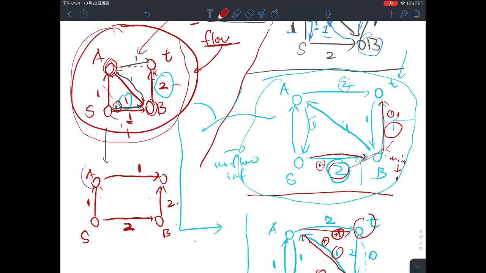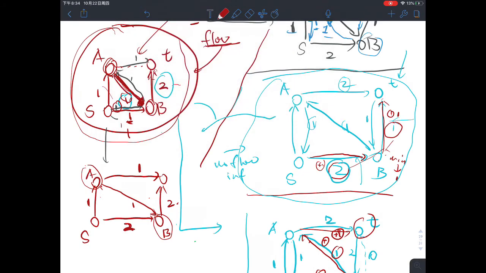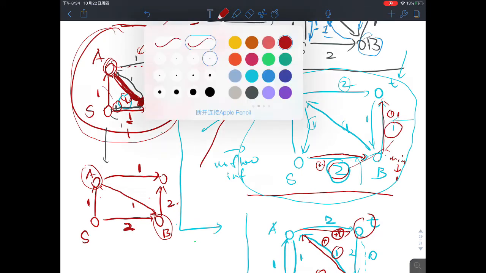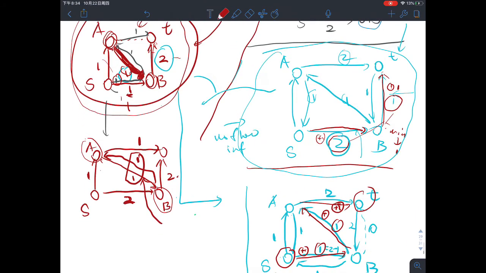Now if you look at the interaction between B and A, that starts to get interesting. Originally, there's 1 unit of flow moving from B to A. That corresponds to the original one; let me use a bolder font here. And now, after we do the update, we also decide to add another unit of flow moving from B to A. Based on the intuition we explained just now, what's really happening is that I'm pushing 1 unit of water from A to B and another unit of water from B to A, so there's some cancellation going on.